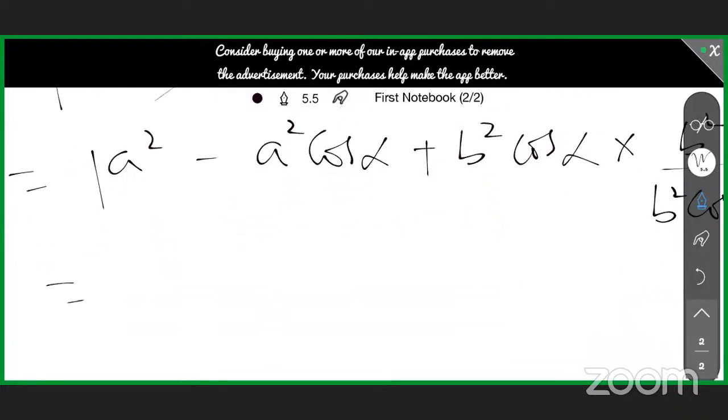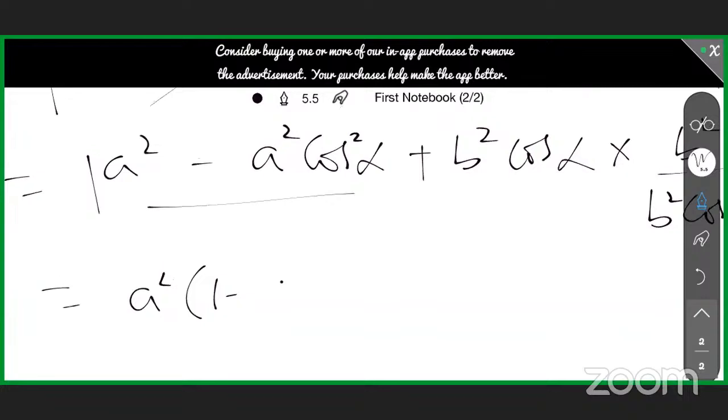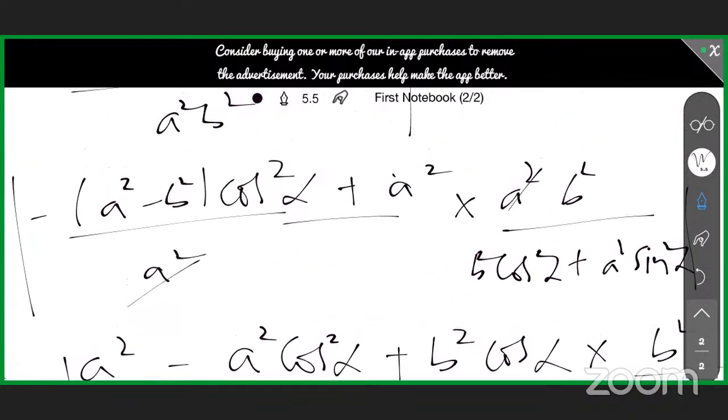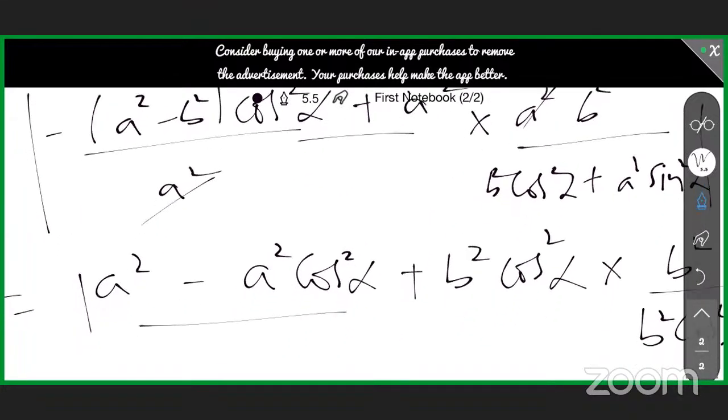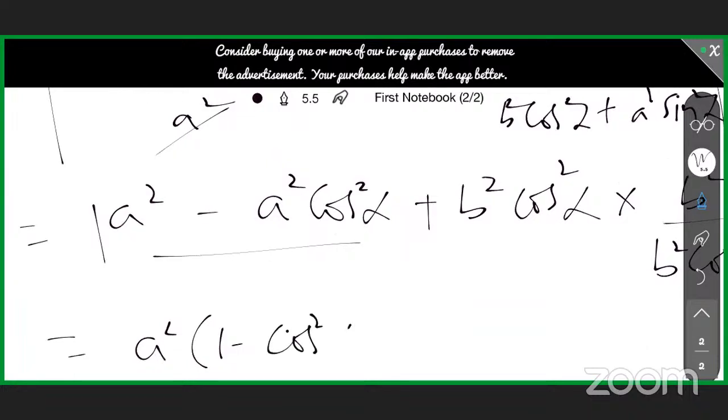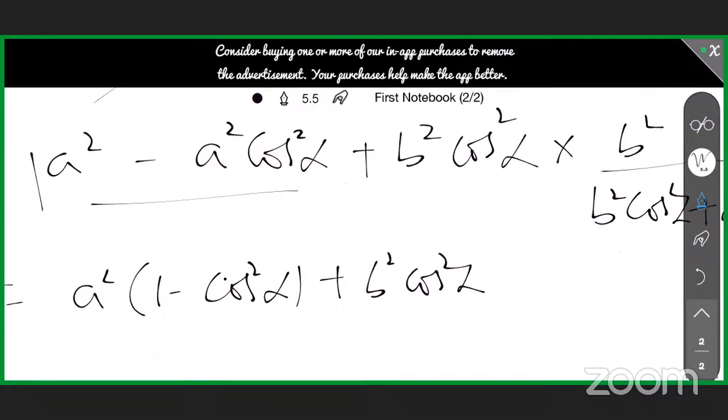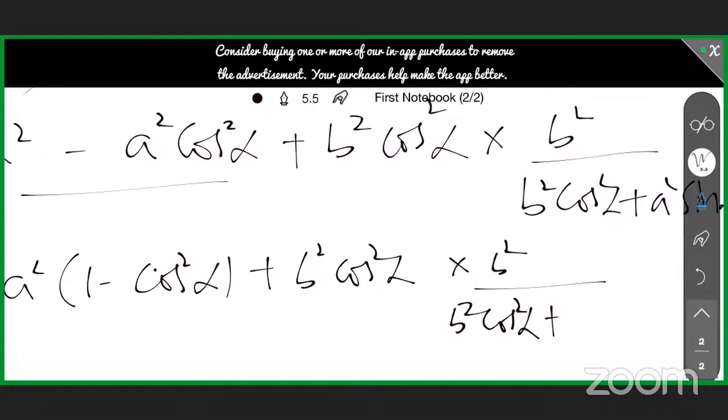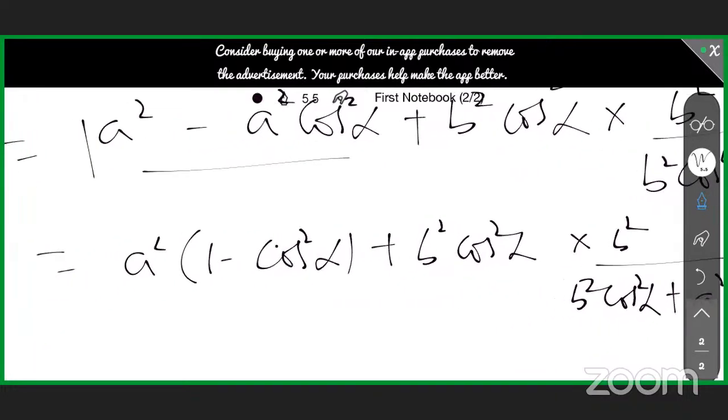So if I simplify this one, I take a square common: a square into 1 minus cos square alpha, plus b square cos square alpha, that into b square by b square cos square alpha plus a square sin square alpha, mod.